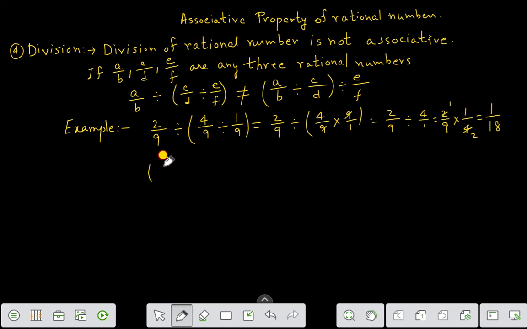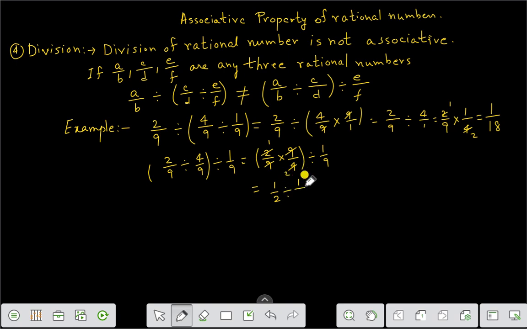Now, if we take this one, that's 2 by 9 divided by 4 by 9, divided by 1 by 9, what we are getting is 2 by 9 into 9 by 4, divided by 1 by 9. That means this 9 and this 9 will cut, 2 1 is 2, 2 2 is 4.